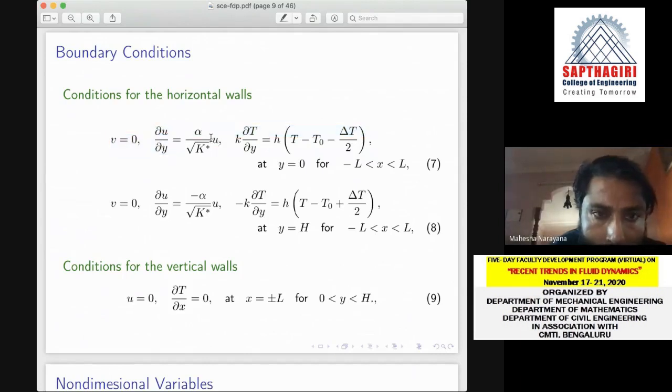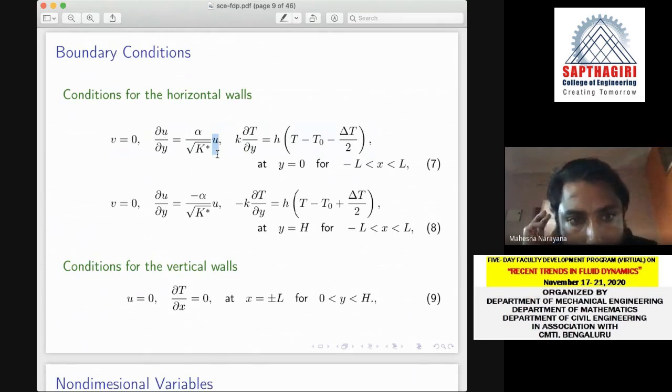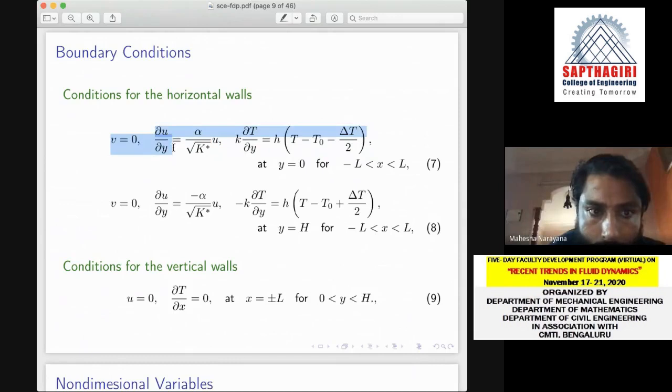You must be knowing that if you prescribe conditions only on the variable, it is called first kind conditions or Dirichlet type conditions. If you mention the normal derivatives at the boundaries, then that type of boundary condition is known as the Neumann condition, or the second type boundary condition. When you have a linear combination of the two, it is known as the third kind boundary condition or the Robin boundary condition.